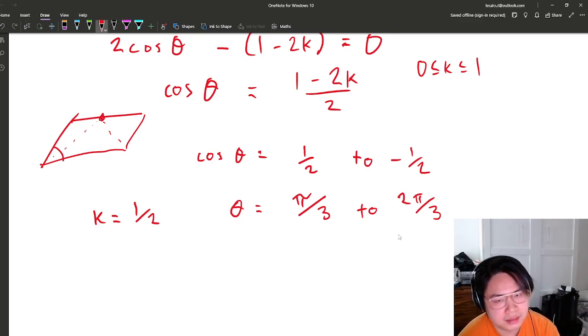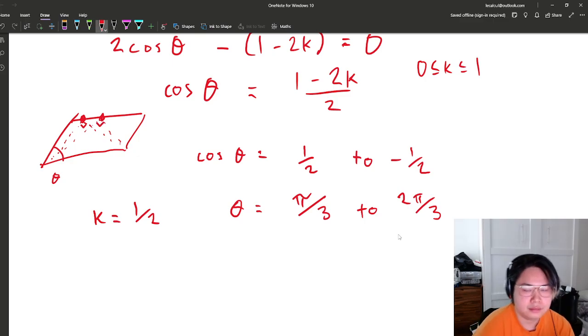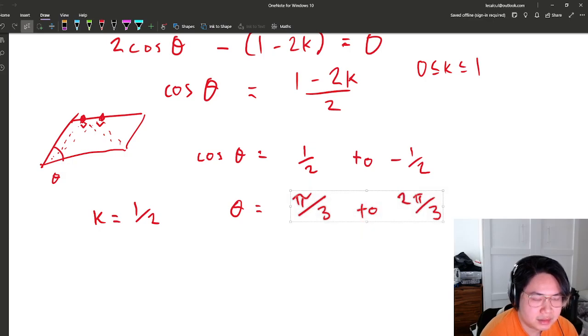Is theta fixed? No, theta depends on k, or does k depend on theta? Okay, theta's fixed, which means that there should be a second k, you know. There should be a second k value somewhere. Like here. So, as long as you're from here to here, you should have 2 answers, right?